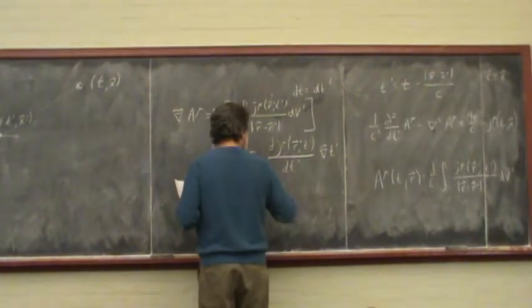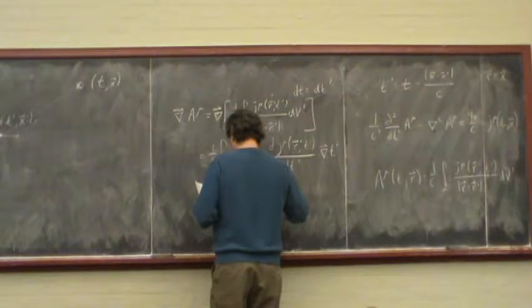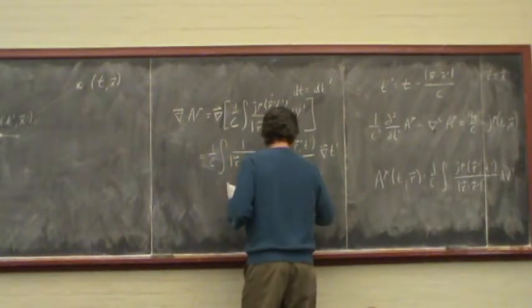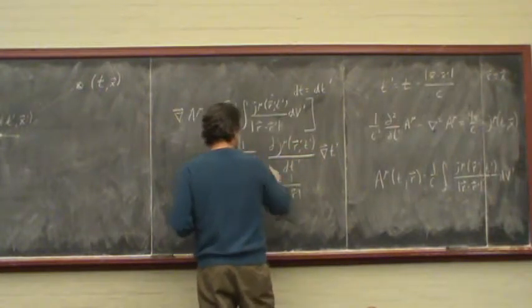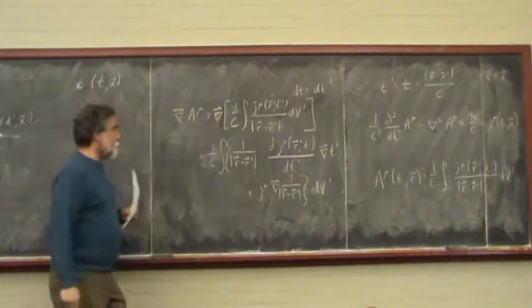So I have inside the derivative plus j mu gradient of 1 over r minus r prime. And all of that dv prime.